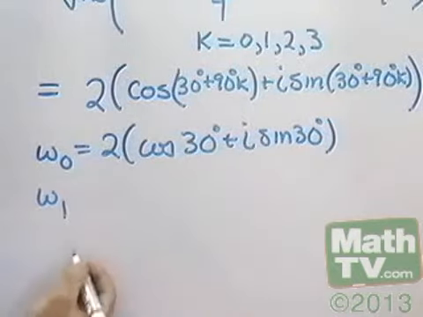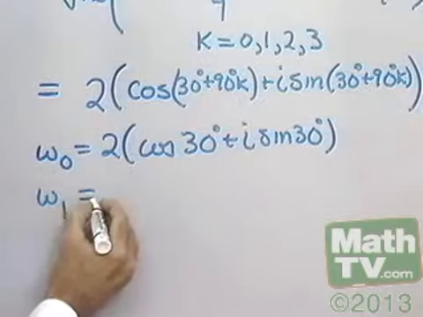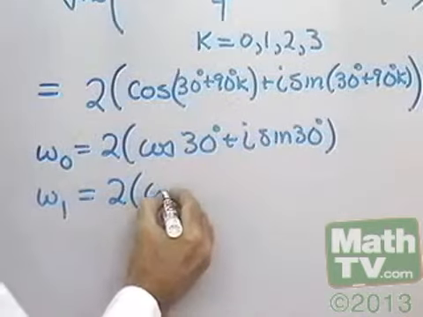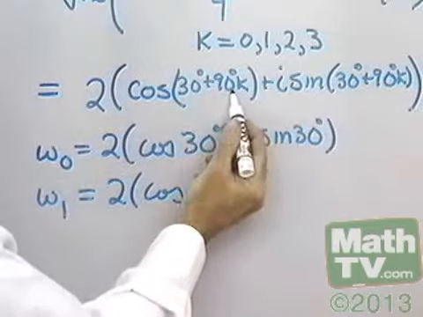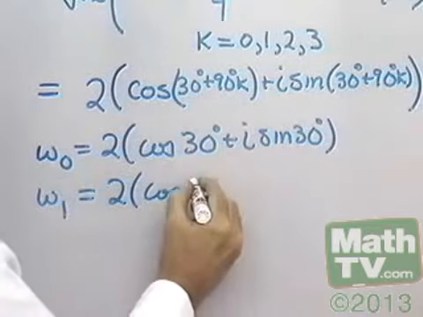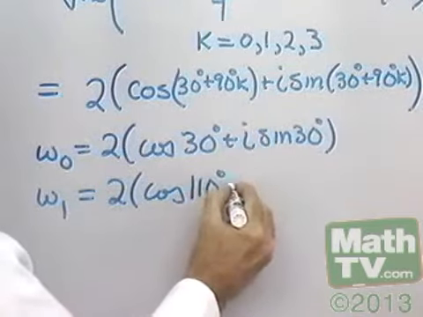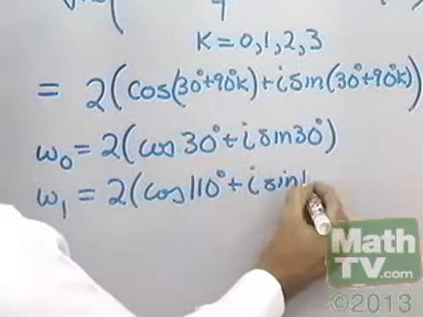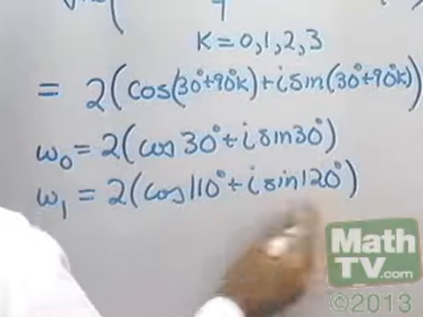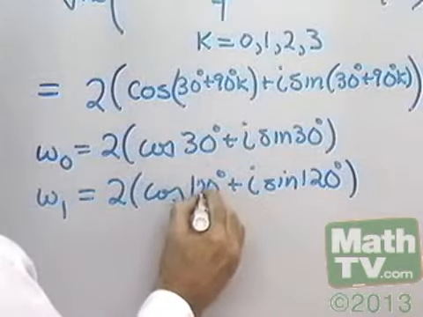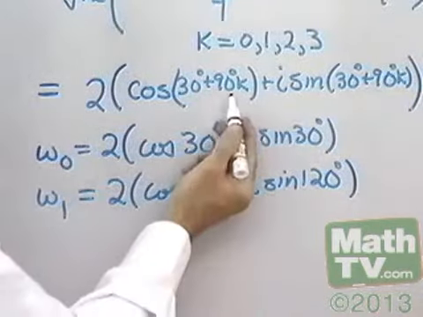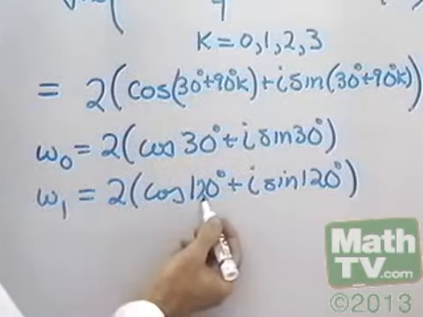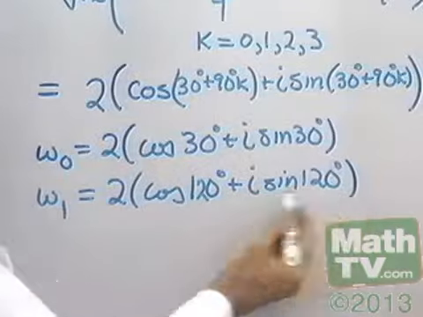My next one, which I'll call w sub 1, that'll be what I get when I put in 1 for k, so that'll be 2 times cosine of 1 times 90 is 90, plus 30 is 120, plus i times sine of 120. So I get 2 times cosine 120 plus i sine 120.